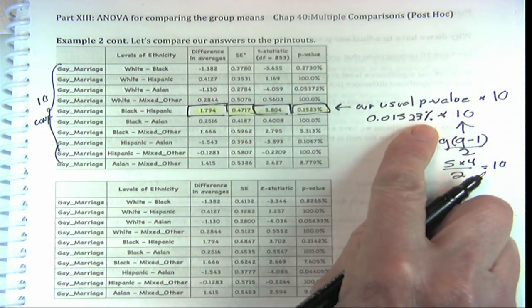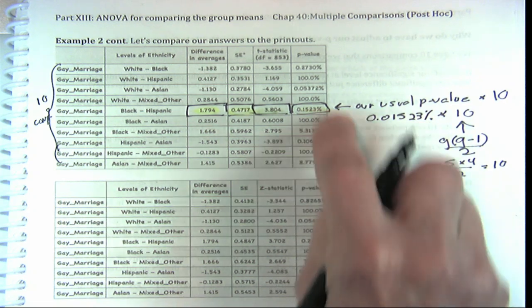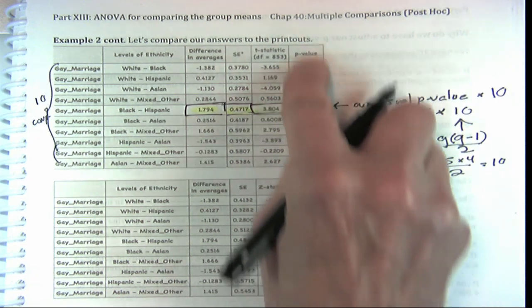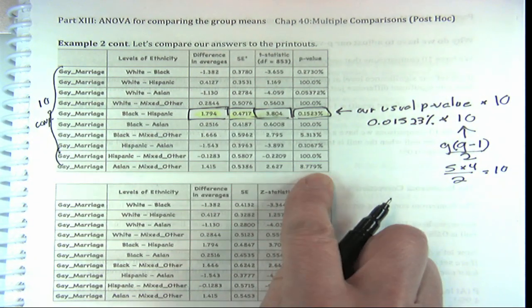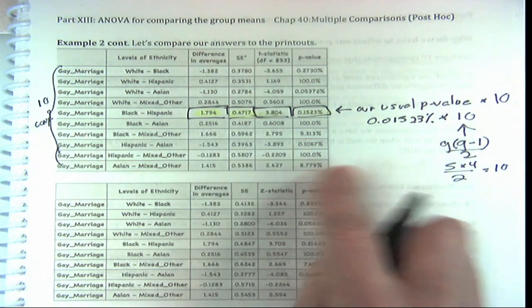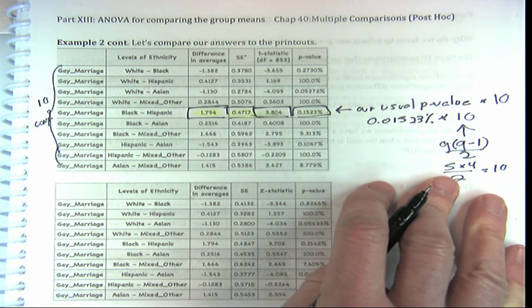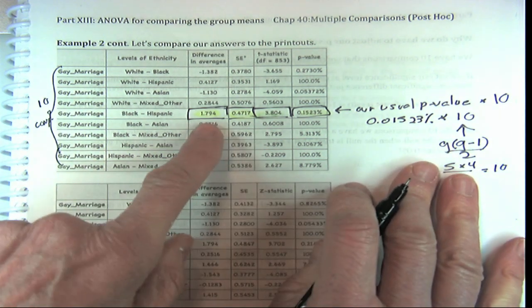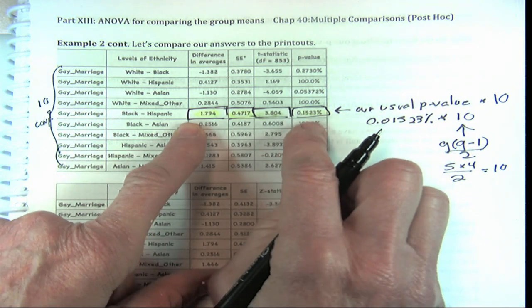What that's called is the adjusted p-value. Notice these are all multiplied by 10. That's why they're so big, like 100% p-values or more. It doesn't go over 100%. Okay? Because we're looking at 10 comparisons at once.